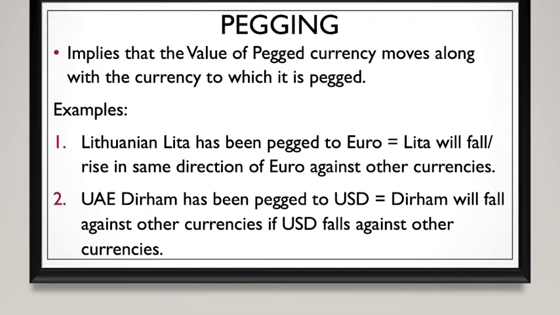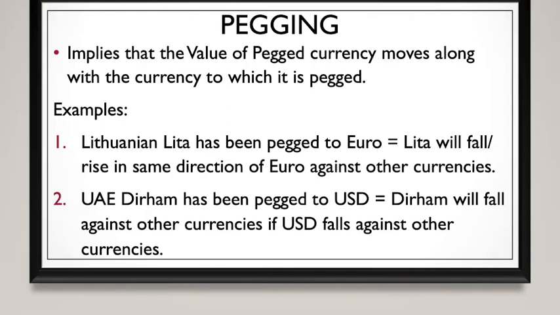They pegged the Litha against the euro, because if they peg, the central bank of that country has the responsibility to ensure that its local currency is moving in the same direction as the euro against other currencies. So this is how it works.